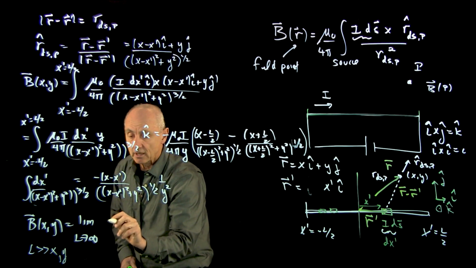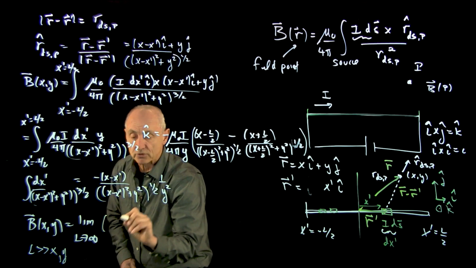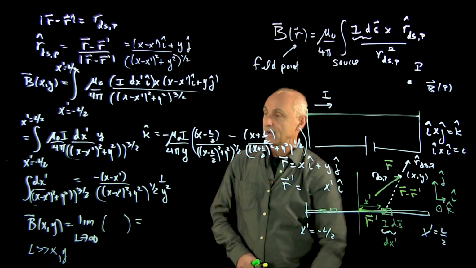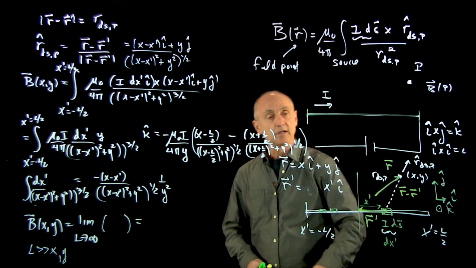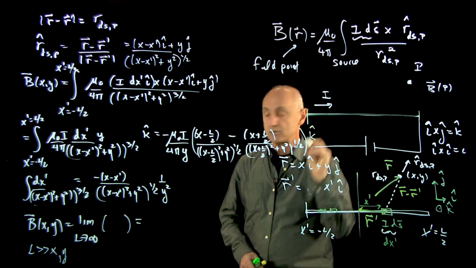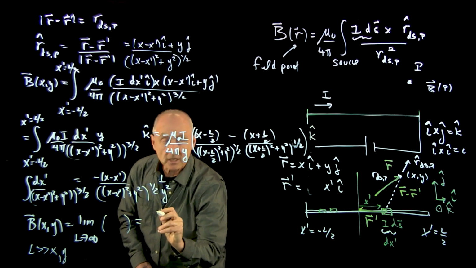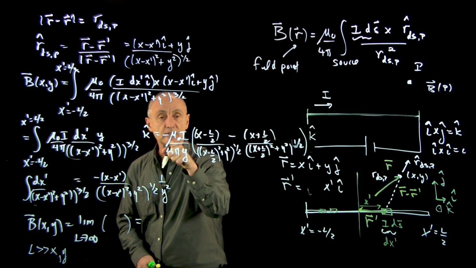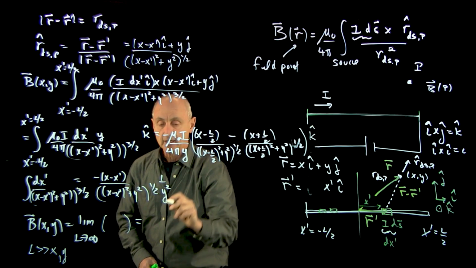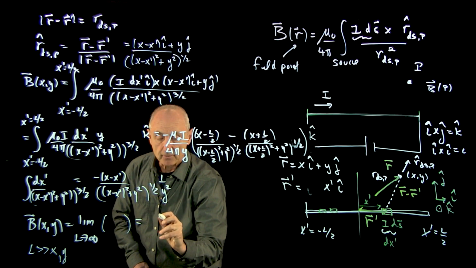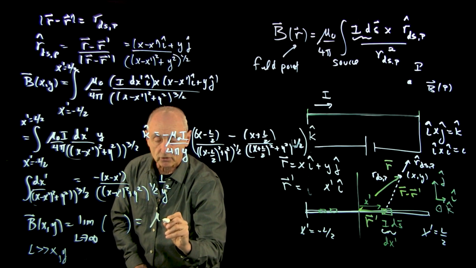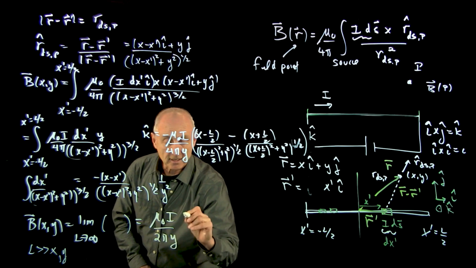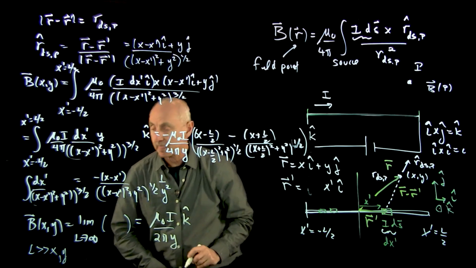By the way, I didn't include that this is pointing in the k hat direction. The limit becomes the 2's come upstairs, cancel that. The minus sign comes out. The L upstairs cancels the L downstairs. And we get this nice, very simple result, mu naught I over 2 pi y in the k hat direction.